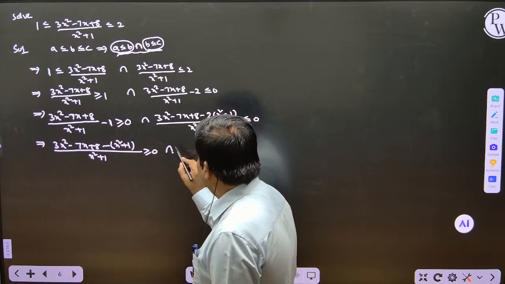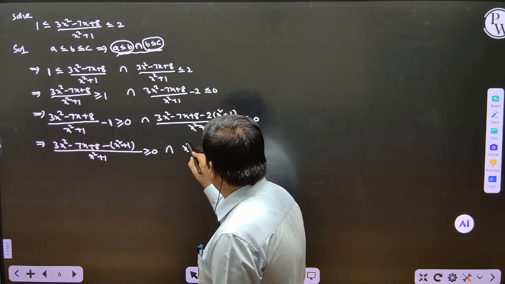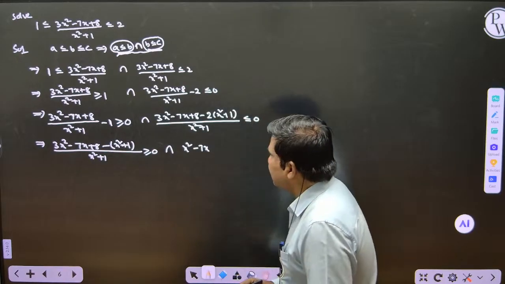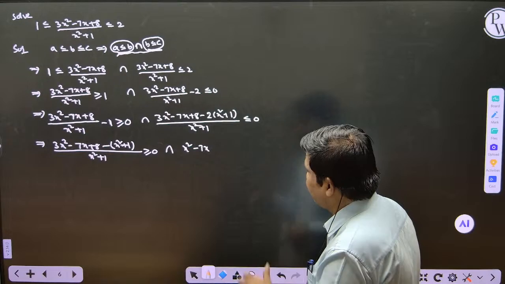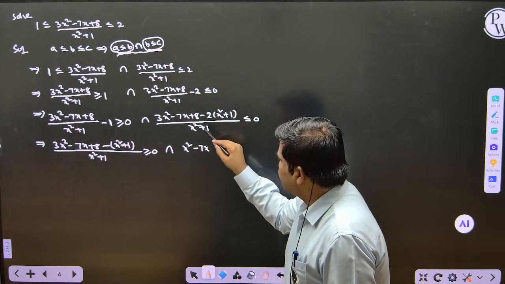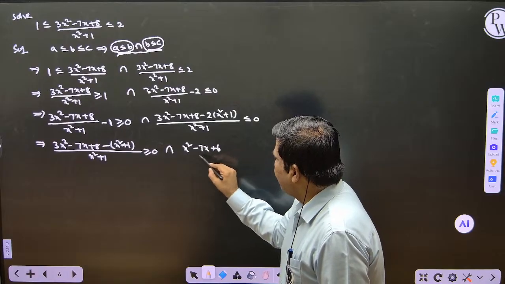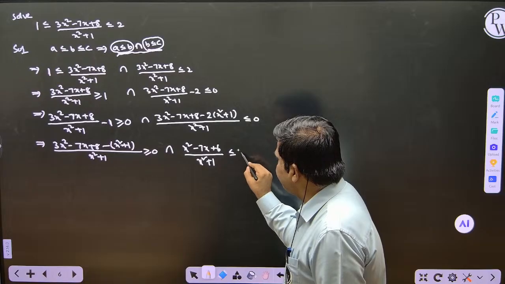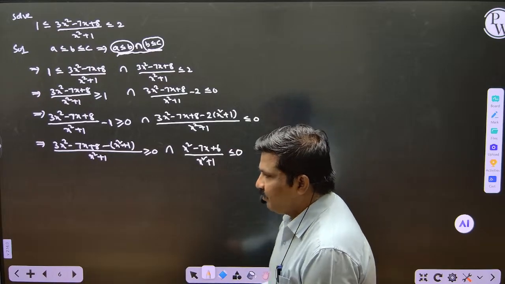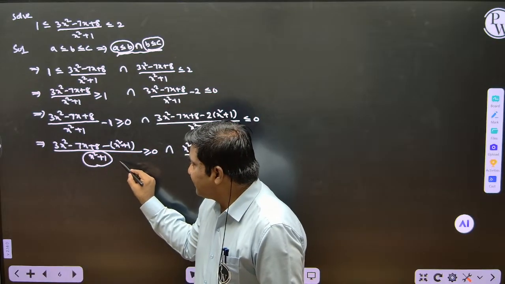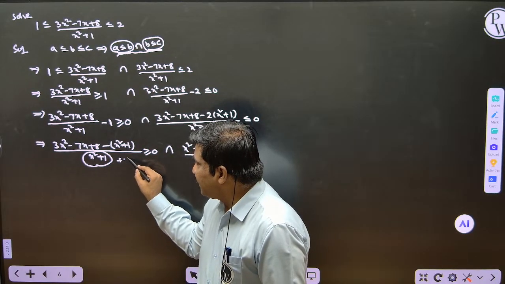It can be written as x² − 7x + 7, or not. 3x² plus 2 plus 2 plus 2 and plus 6 by x² + 1 is less than or equal to 0. One thing to remember here: this x² + 1 is always positive, or not?